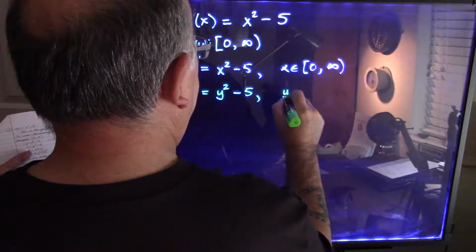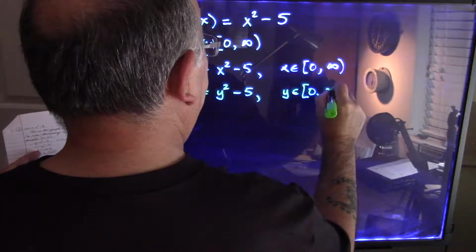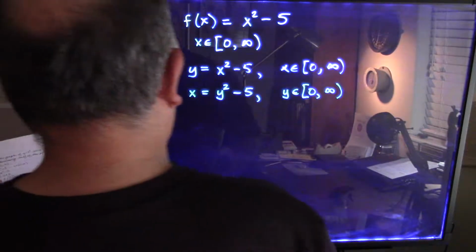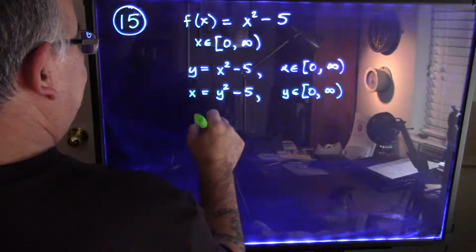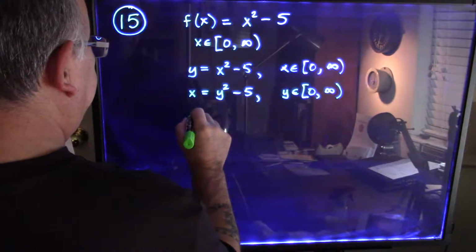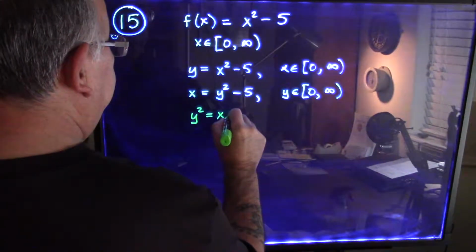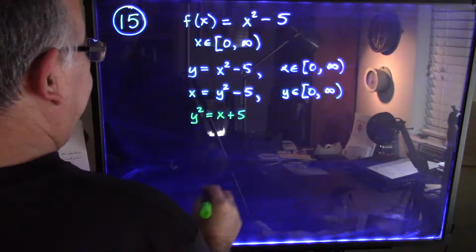And now instead of x, you've got y in the interval from 0 to infinity, including 0. Alright? So you want to isolate the y, so you can add 5 to both sides. That leaves you with y squared equals x plus 5. Alright?